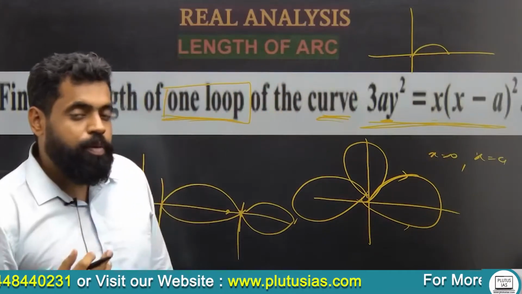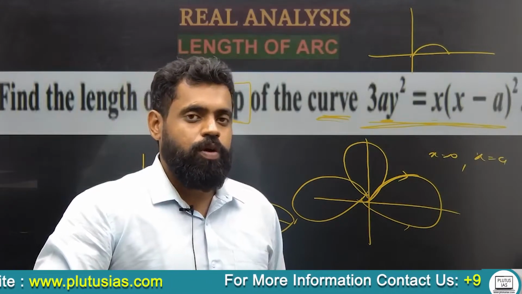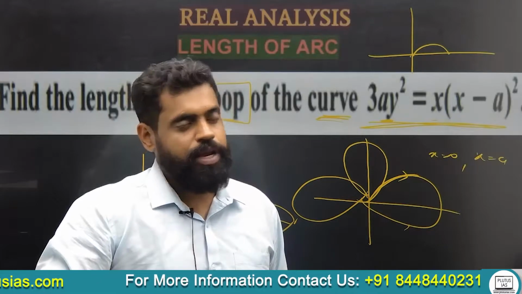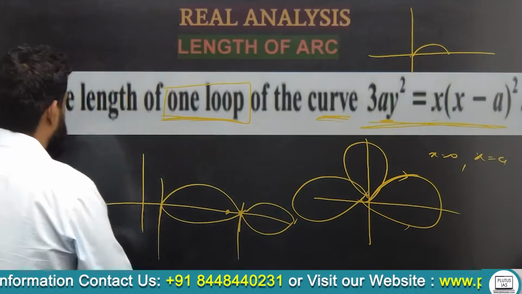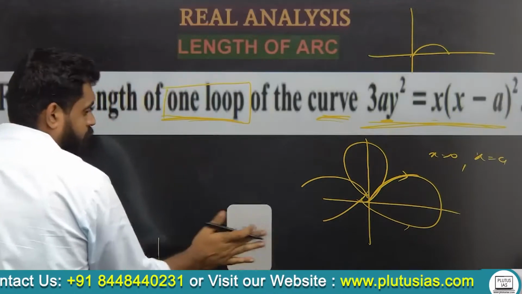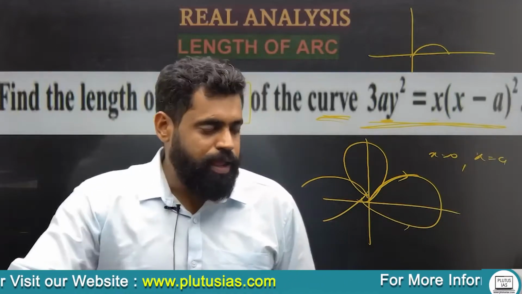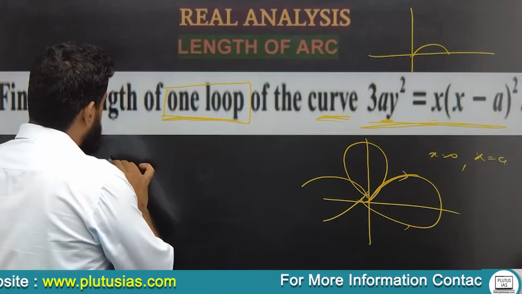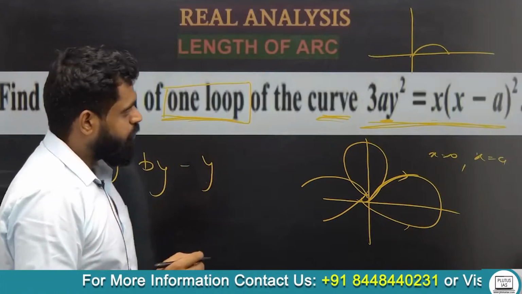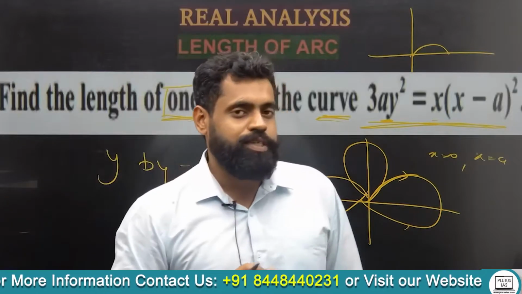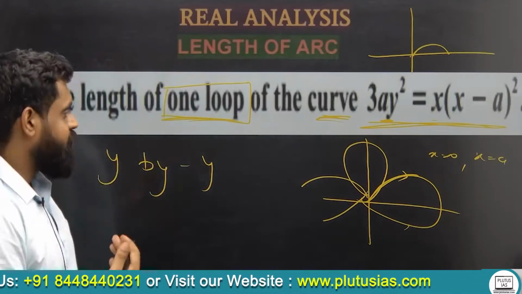Another property to check is whether it is symmetric about any axis or not. Checking the symmetry is very easy. If you replace y by minus y in the equation and the equation doesn't change, that means it is symmetric with respect to the x-axis.